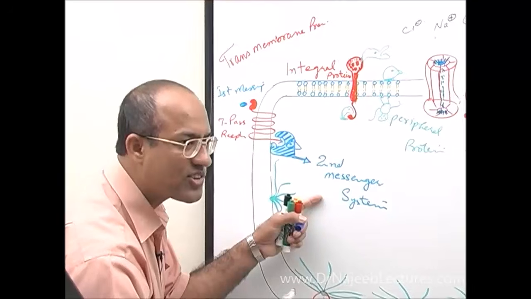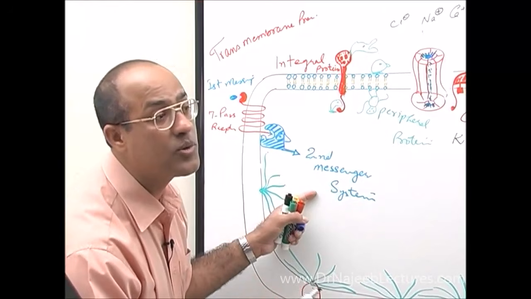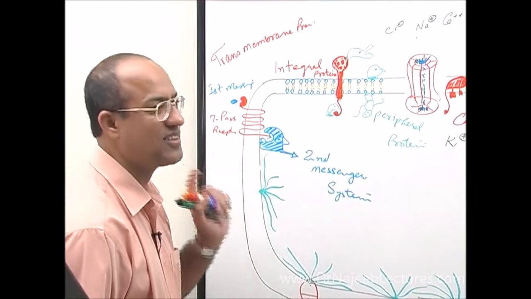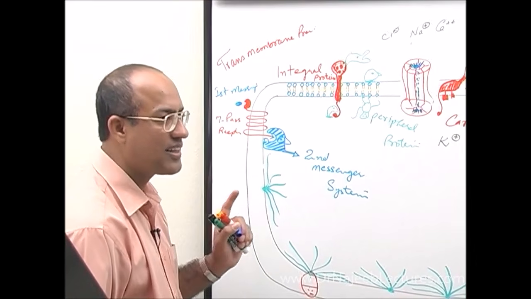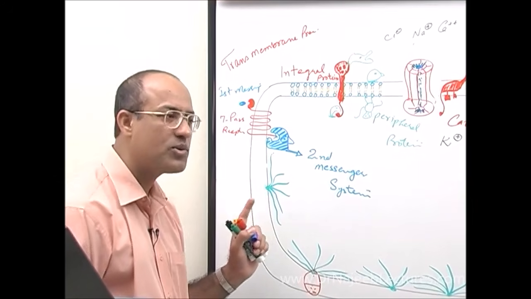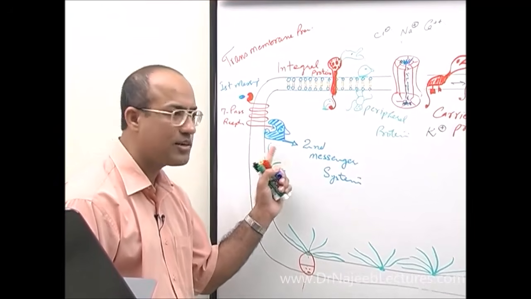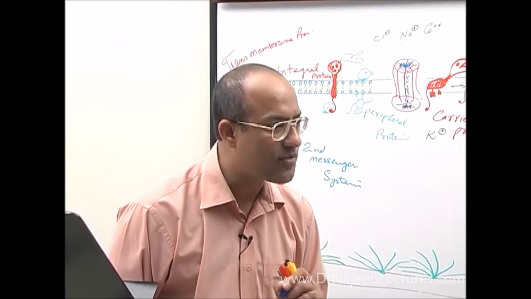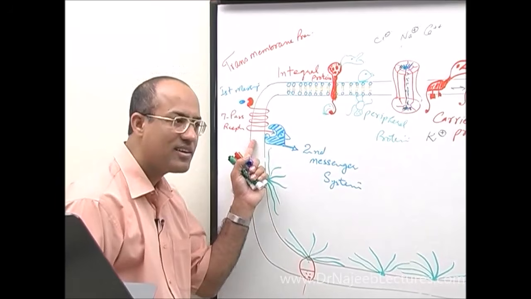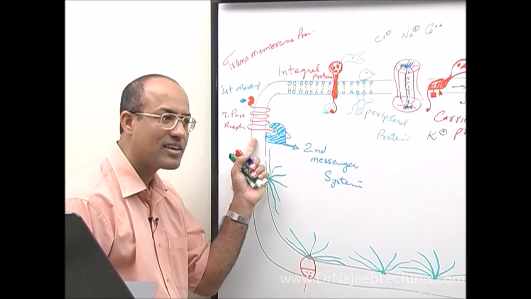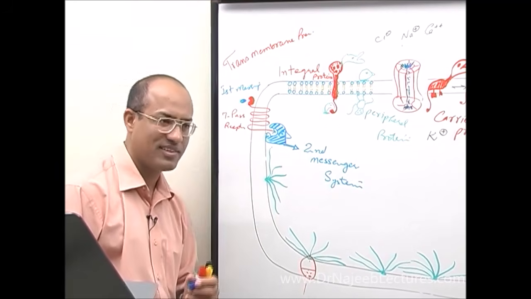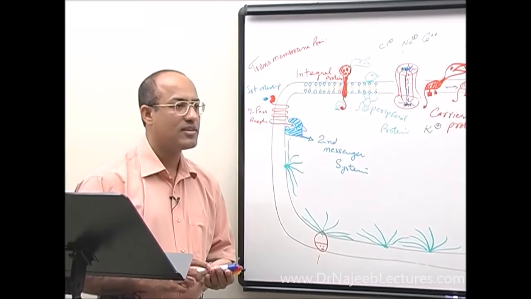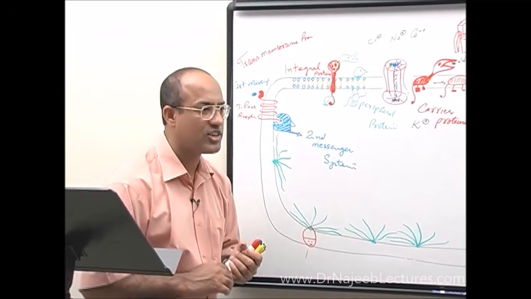In some books they say proteins related to the second messenger system are also peripheral proteins. The point I wanted to tell you is that proteins associated with the second messenger system are not integral proteins, they are peripheral proteins. But receptors are integral proteins. That's right. Any question up to this? Okay, we'll discuss further detail tomorrow.